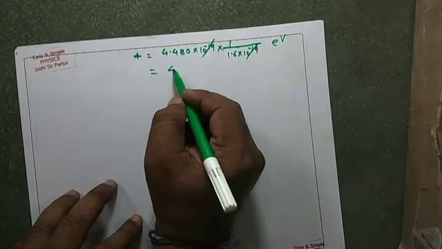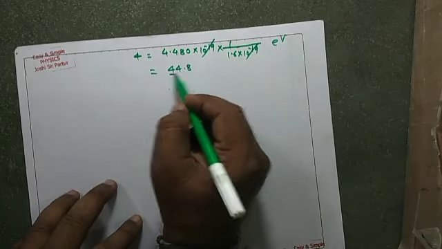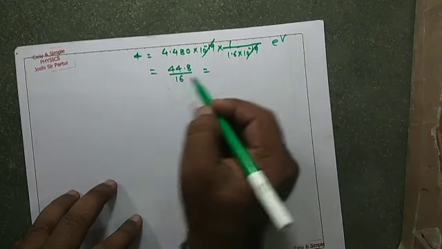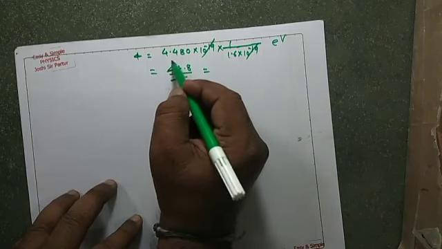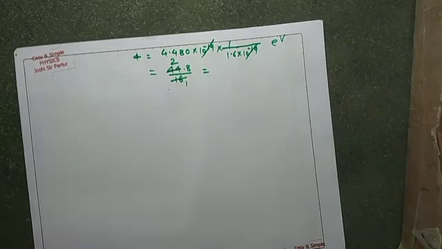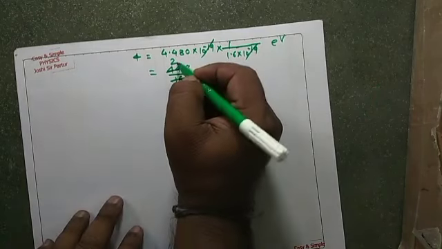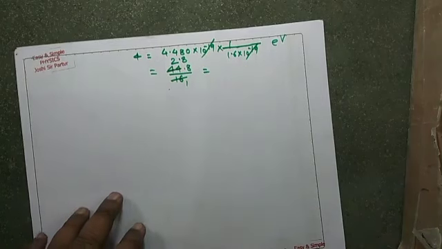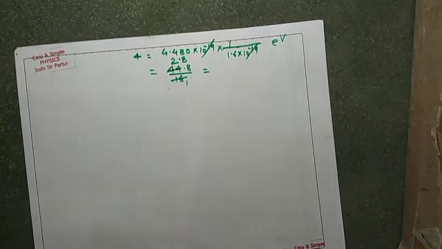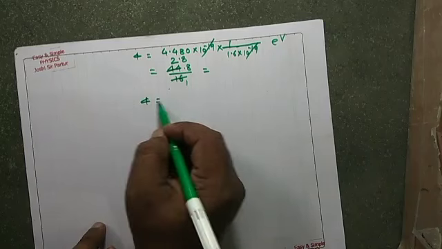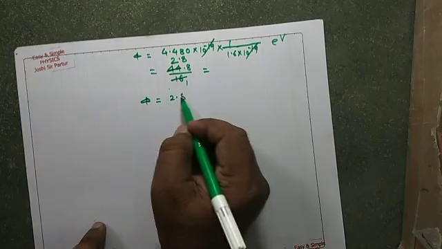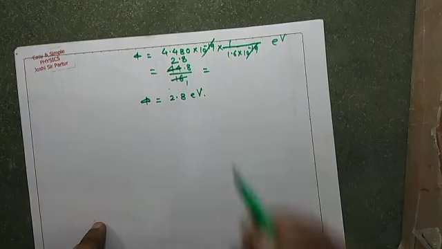So here 44.8 divided by 16. So it becomes 16 1 the 16, 16 2 the 32. 12 will be remaining, that is 128. So 16 8 the 128. So here work function it will be 2.8 electron volt.